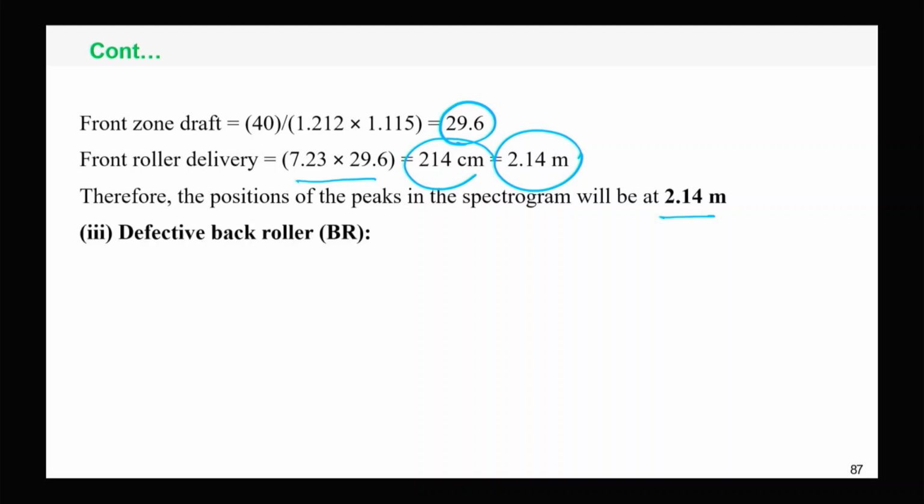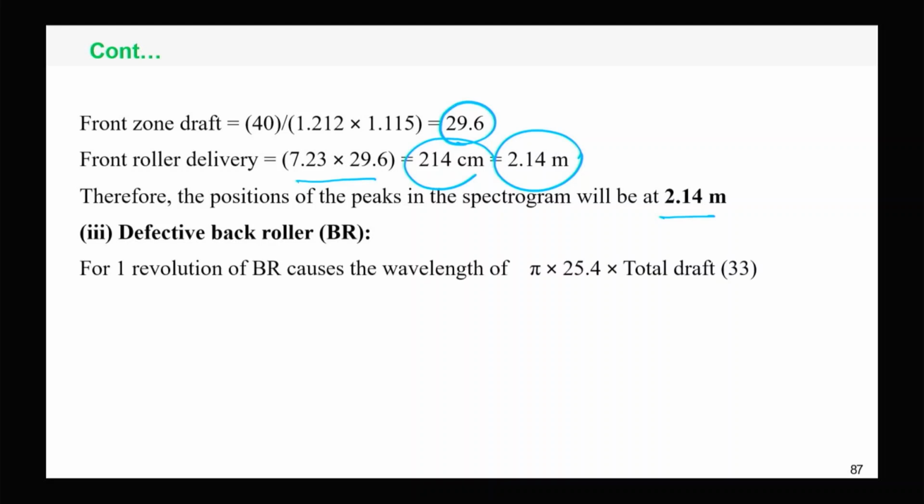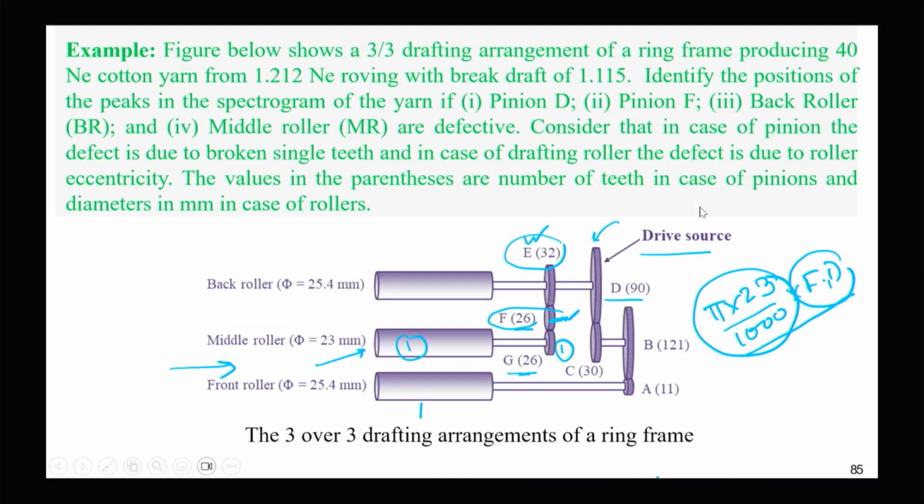Okay, and the third one, the defective back roller. When the back roller is defective, that is, eccentric, for one revolution it is generating one wave. So the wavelength at this point will be pi multiplied by 25.4, that's the diameter.